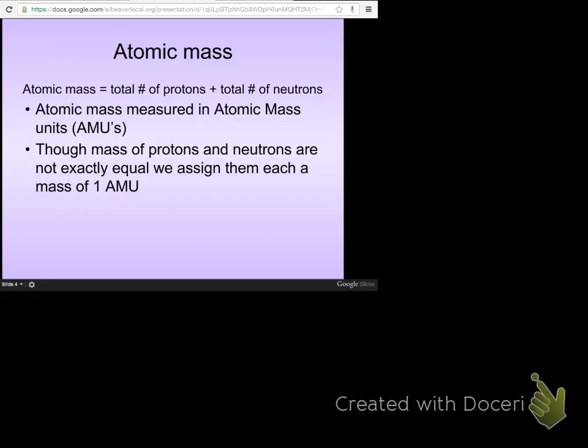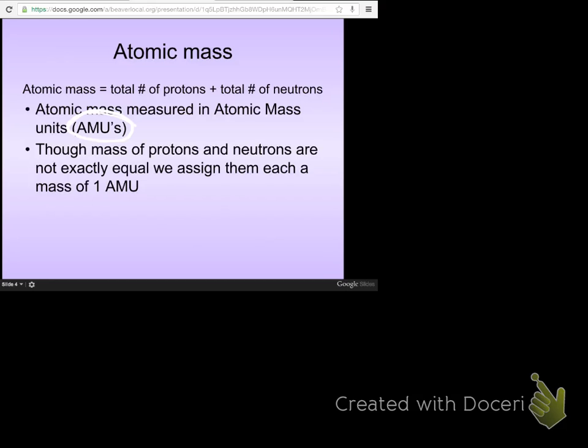Atomic mass units, because they're the units that we use to measure atomic mass. Isn't that creative and clever? Not particularly. And that's abbreviated AMUs, and you've used these before. Notice that we don't measure these things in grams, picograms, micrograms, milligrams, kilograms. They're measured in their own whole separate thing, atomic mass units.